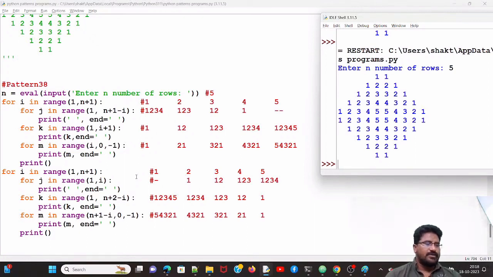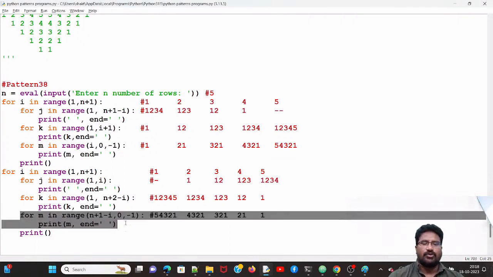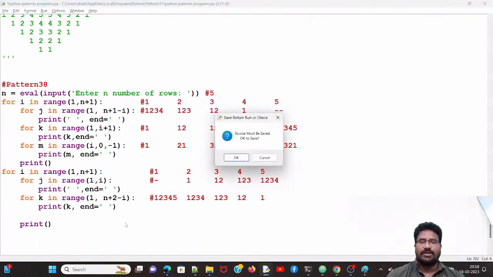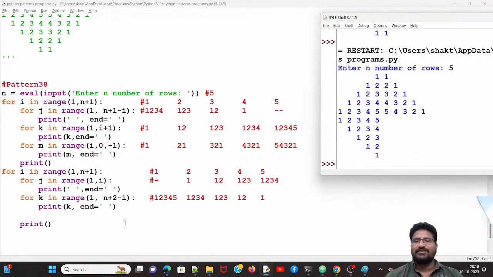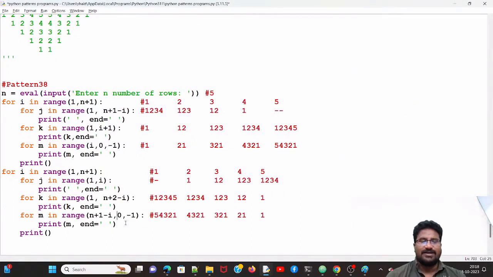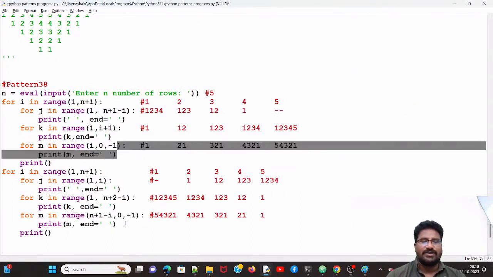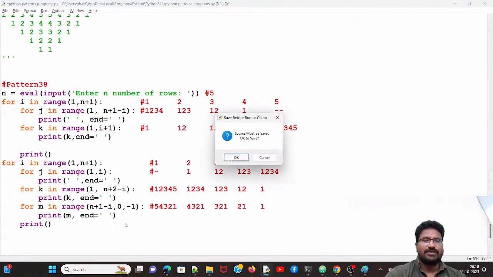Right? So all of you, suppose in this case, if you don't take this for loop, guys, then what will miss, you can observe here. Okay, you can observe, guys, this is again one pattern, right? Or else let us remove this one and run the program.